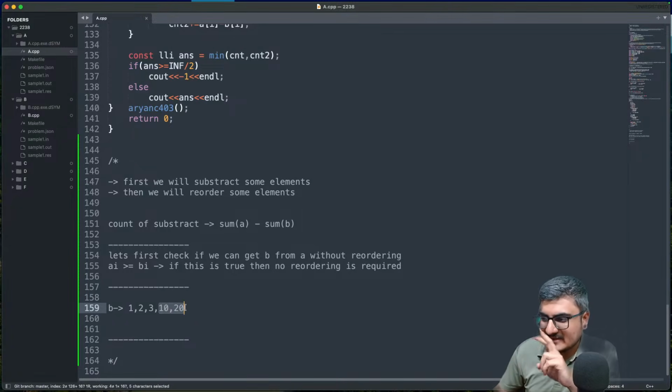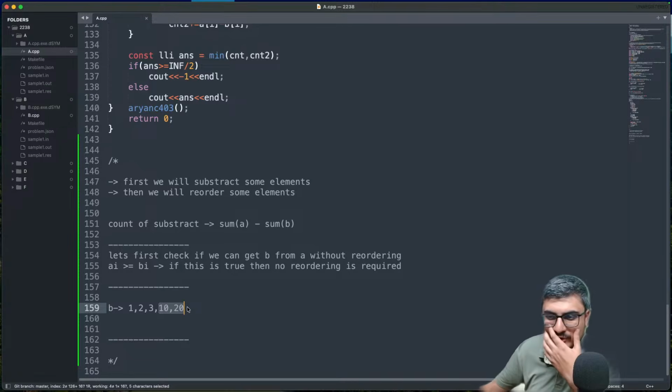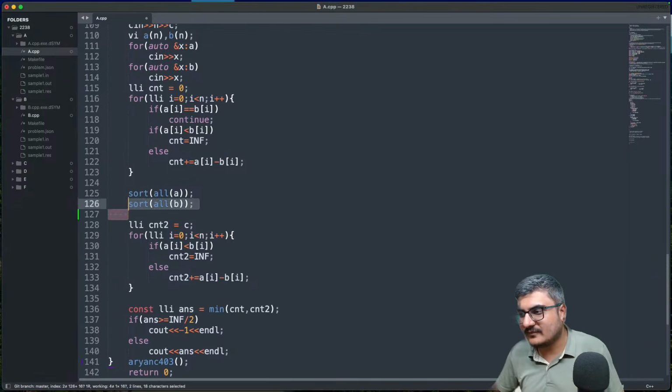There should be at least two A's which are more than 10, because for these two elements you have to start from somewhere more than 10 and get to that element. For this 3, you have to start from some element more than 3. There should be at least 3 elements that are more than 3. So overall, that was the idea for the second count.